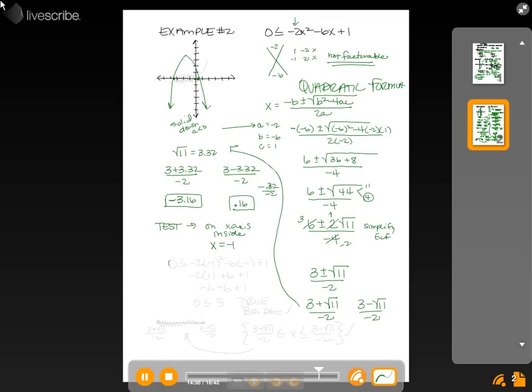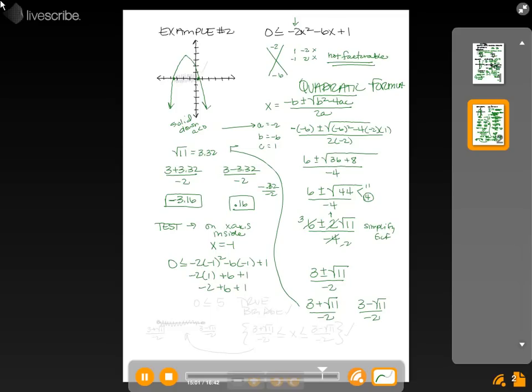Plug that in. 0 is less than or equal to negative 2 times negative 1 squared minus 6 times negative 1 plus 1. Negative 2 times negative 1 squared becomes positive 1. Negative 6 times negative 1 becomes positive 6 plus 1. So now I have negative 2 plus 6 plus 1.